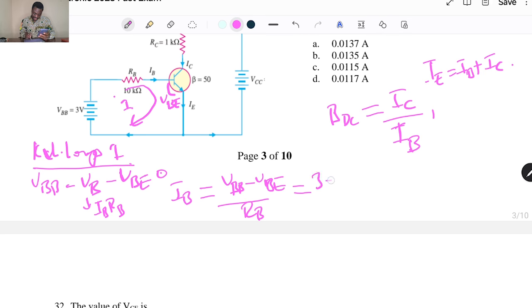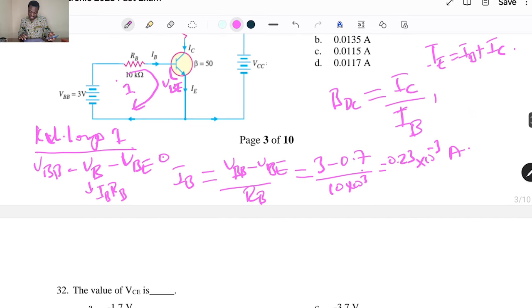You can see here we have VBB of 3, then VBE is 0.7, and then we divide by 10 kilo ohms. 10 kilo is 10 power 3, that will be milli. So we just have 3 minus 0.7 divided by 10. So I get 0.23 milliamps. Okay, so we've gotten IB.